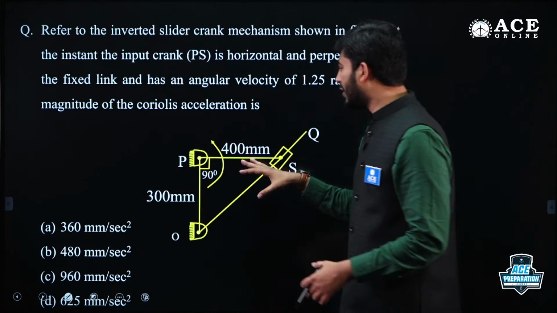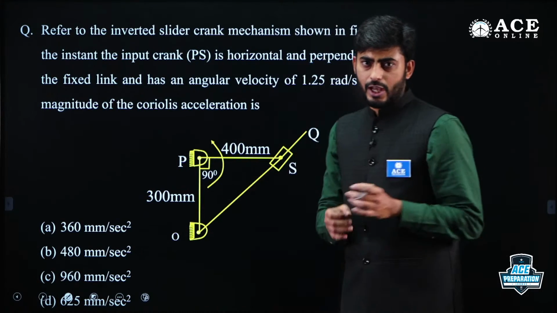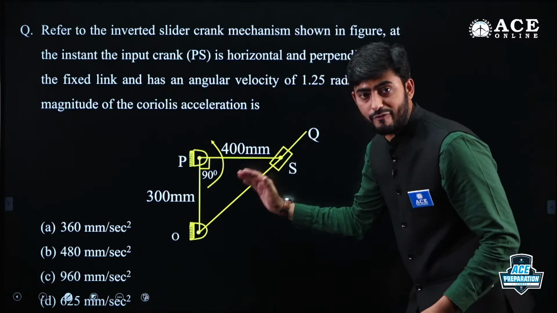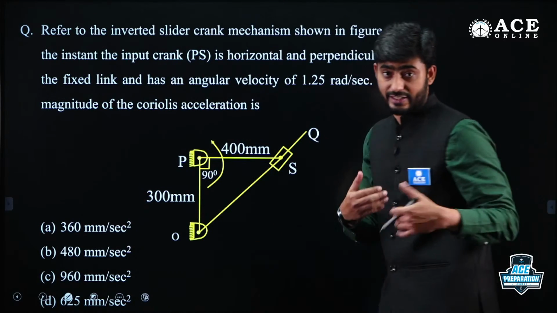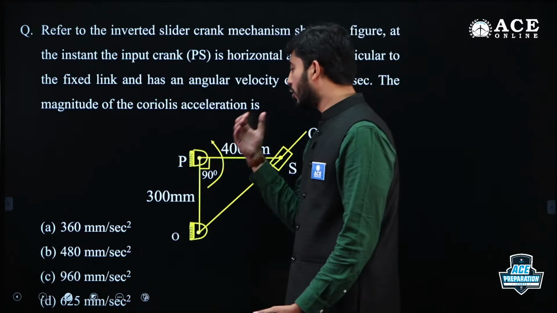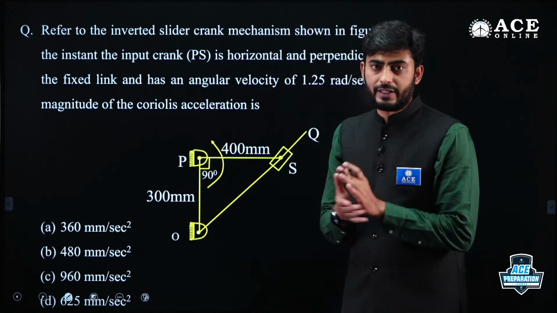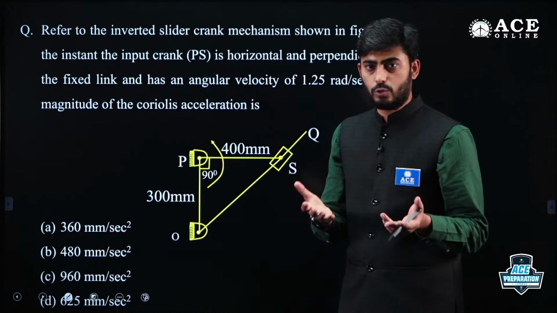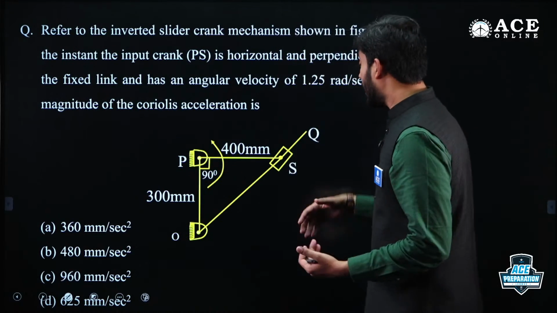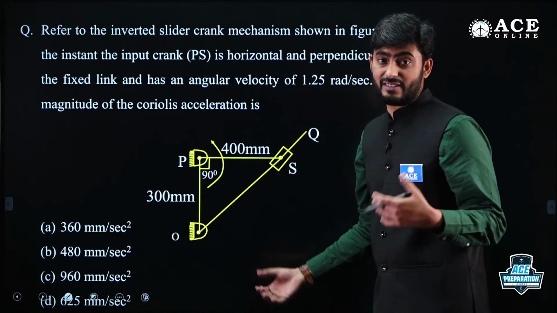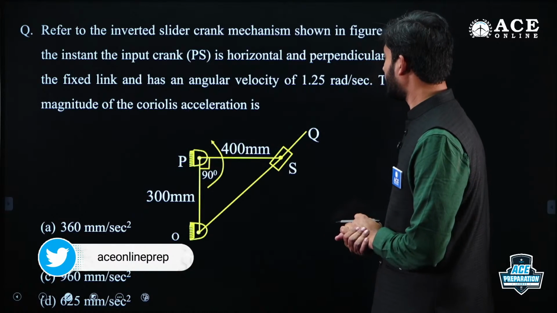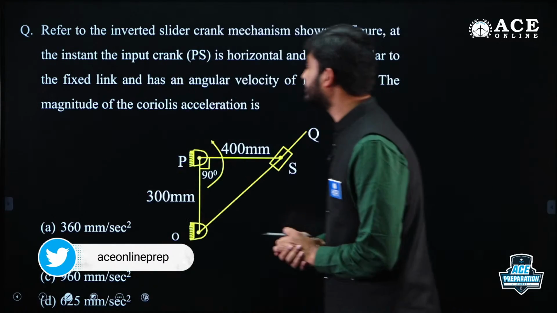So it is not going to be a complex mechanism, and your numerical calculation of angles and the adjacent links will be easier, because the time allotted to you is 2 to 3 minutes. Giving a complex mechanism may not be right. Okay, so let us do this question.